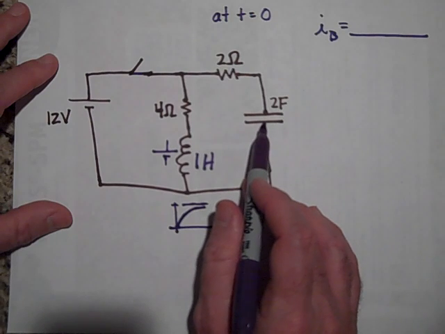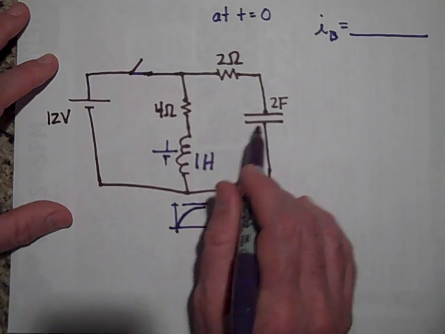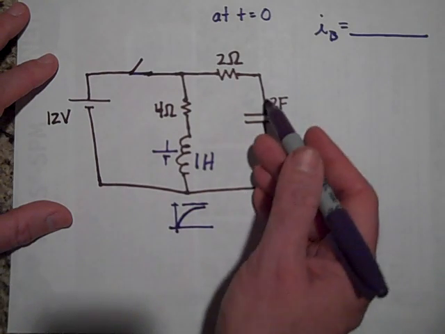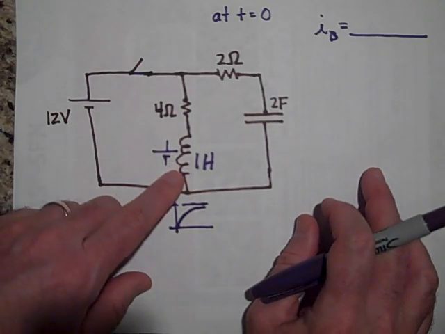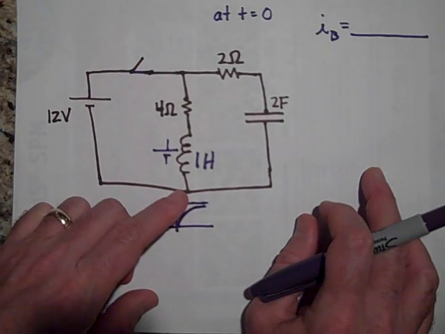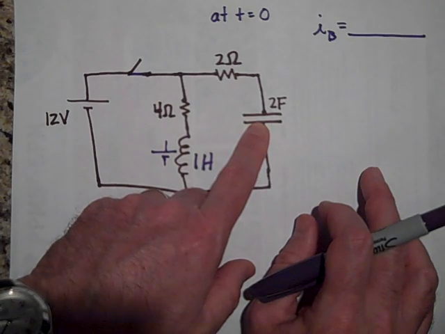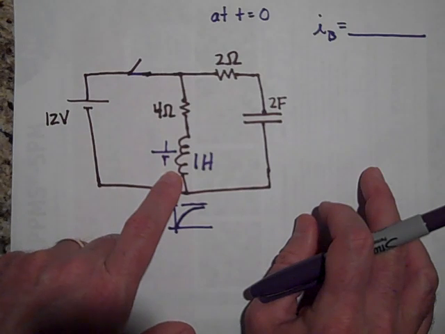Now, you're wondering why current can flow through a capacitor. Capacitors behave just the opposite of inductors. At t equals 0, they act just like a wire. They flip-flop. At first, this acts like a battery pushing this way, and this acts like a wire, and then afterwards, this will act like a wire, or excuse me, a battery, and that will act like a wire.